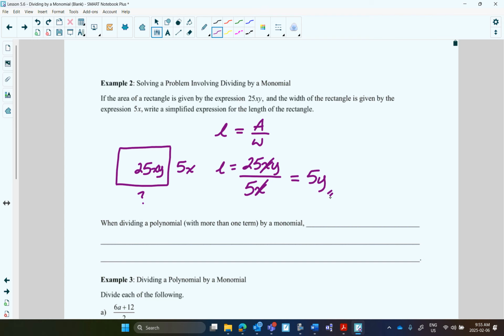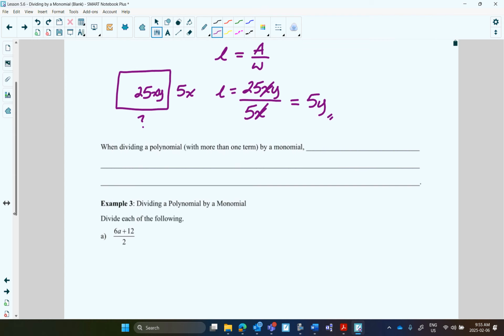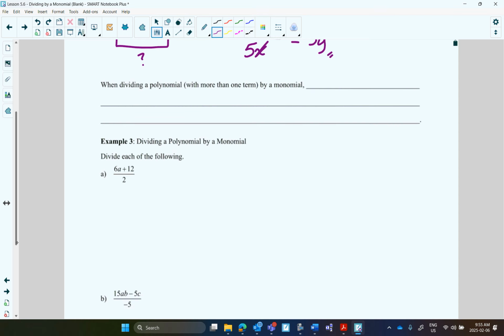Okay. One last thing with dividing. What happens if we divide more than one term by a monomial? Well, remember this from multiplication, you don't have to write this down. How would you multiply? You multiply the 2 by everything inside. 10x plus 14.